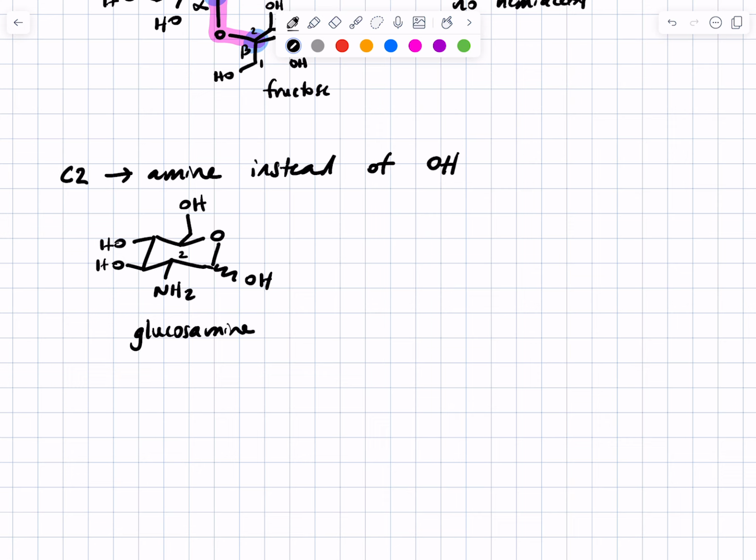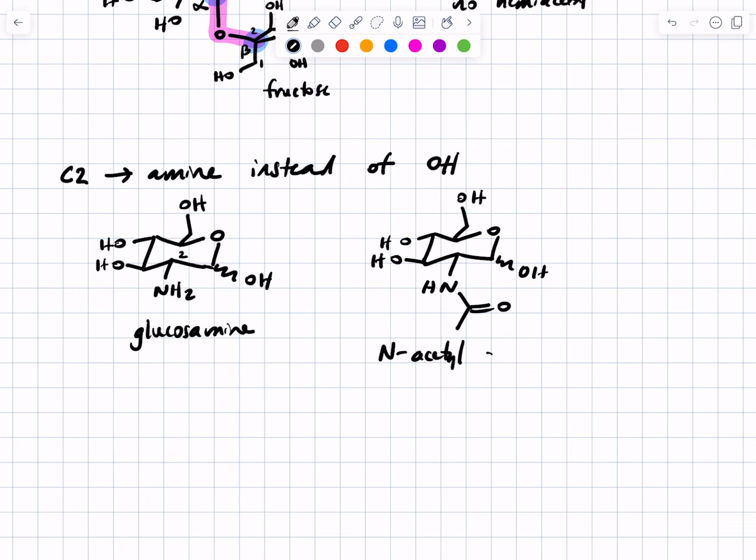And then often in nature, that C2 amino group has been modified with an acetyl group. So this is called N-acetyl glucosamine. And these are found all over the place.